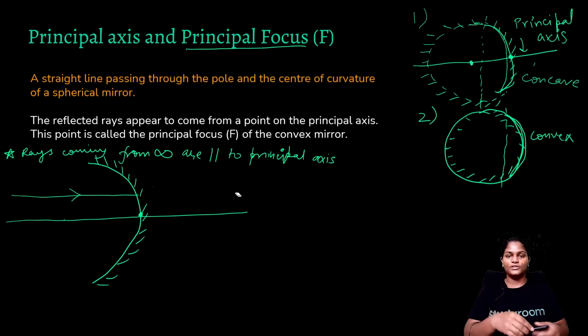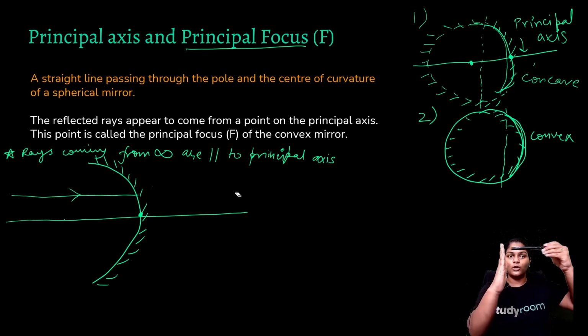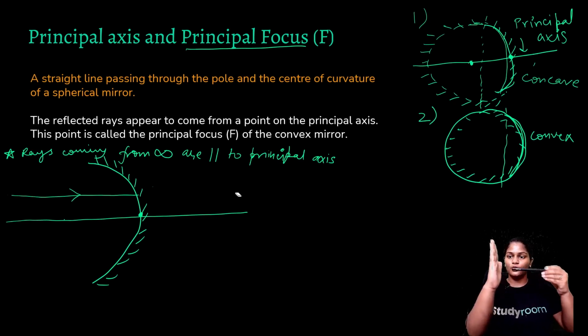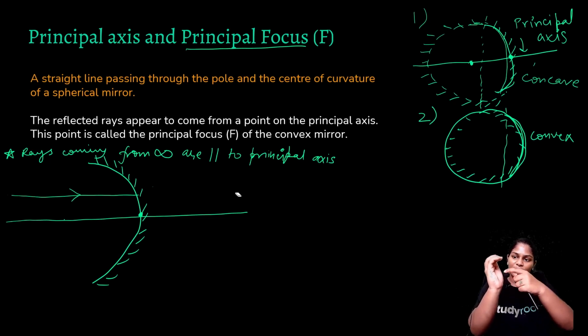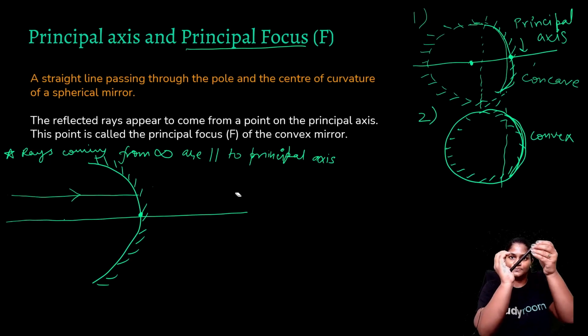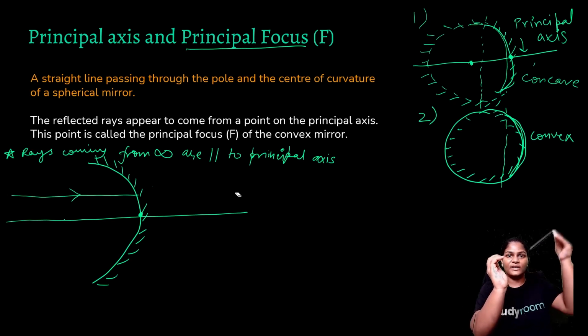If I draw a normal here, it is in this direction. If I draw a normal here, it is in this direction. If I draw a normal here, same direction. But as soon as my mirror becomes curved, now at this point, if I have to draw a normal, a line at 90 degrees, it is like this. It's pointing somewhere up.